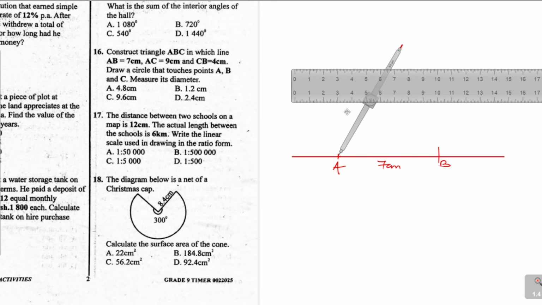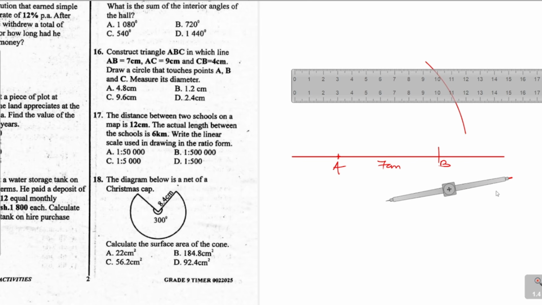That arc was not big enough. So I want first to make AC. AC is 9 centimeters. Standing at A with a measurement of 9 centimeters, I want to ensure that I mark a bigger arc that is going to fall on that side here, like that. That is 9 centimeters.